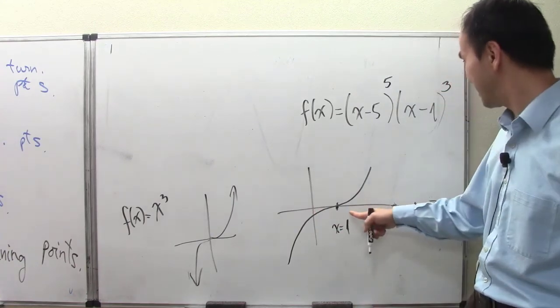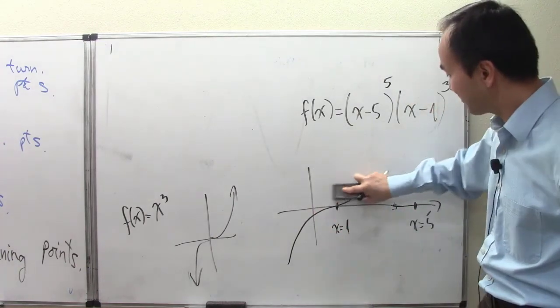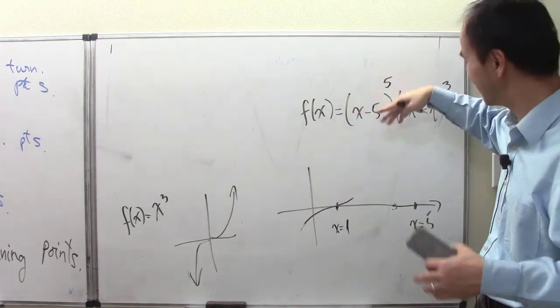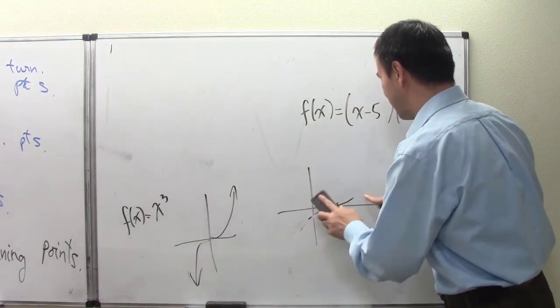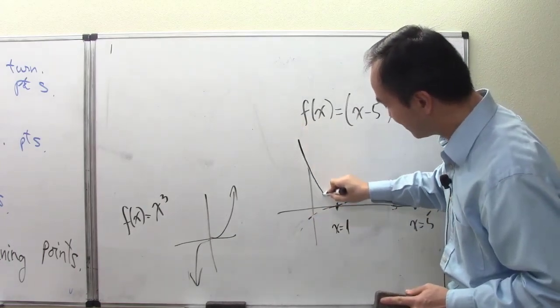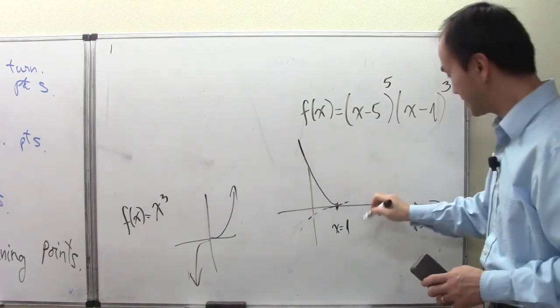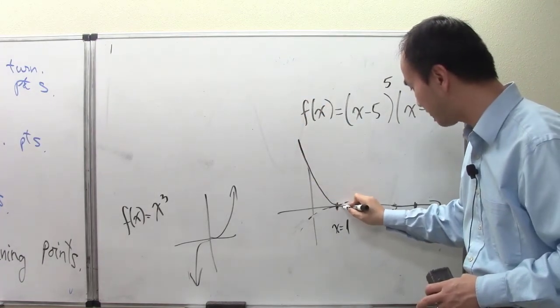Okay, so it has to be a waterfall point, and indeed, I miscalculated a little bit, but this is an even degree right here. It's a total of degree 8, and it's positive, so the graph has to do the following. It's falling down from the left to the right, but doing the waterfall nature. It's not just going straight through, it's still crossing through, but starting to do a waterfall nature.